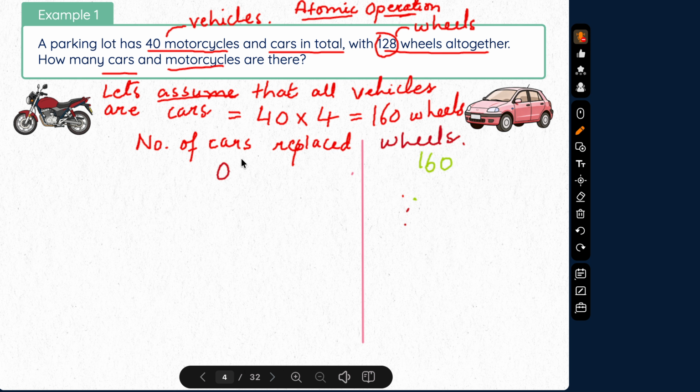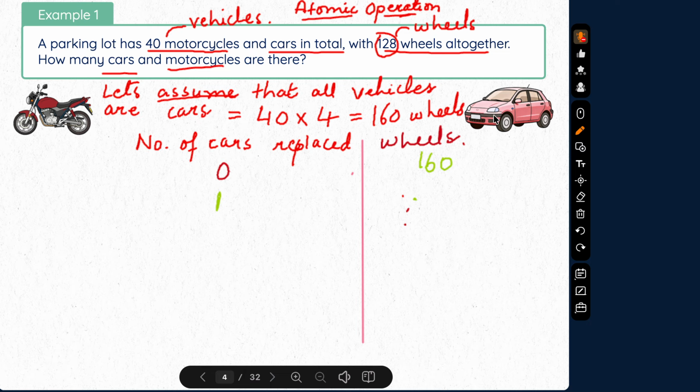If I replace one car with a motorcycle, how many wheels will there be in this case? Not all of them have been replaced. I just have replaced one car by a motorcycle. So I can say that 39 of them are cars and one is a motorcycle, right?